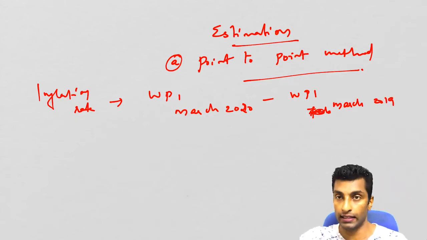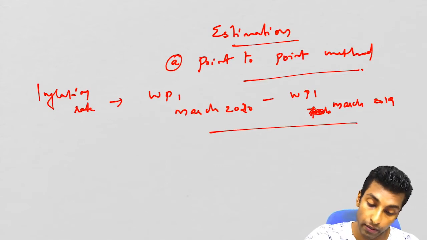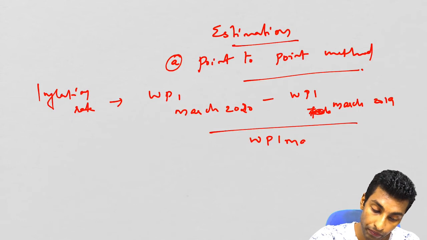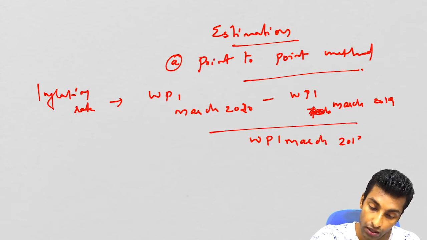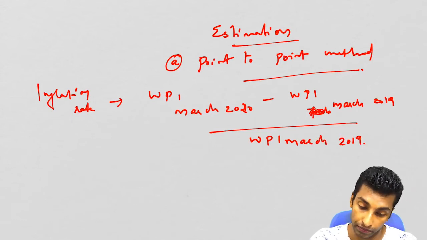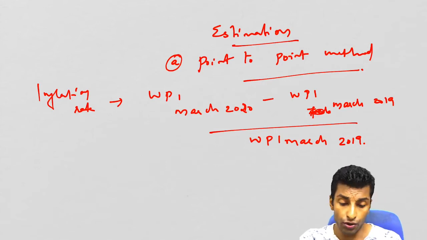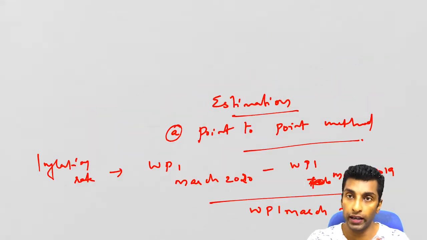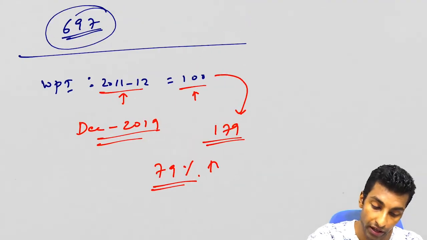So compared to last year, divided by the base, which will be last year's WPI March 2019. I hope this is clear. So March 2020 I am calculating. So March 2020 WPI I will be knowing, right? This is the value I'll get from here.